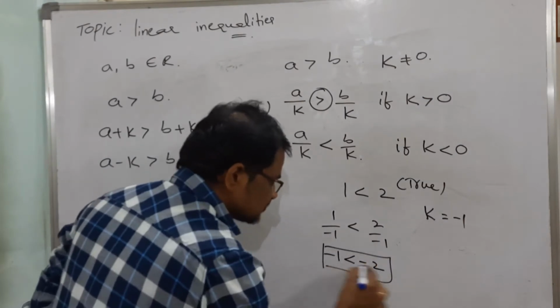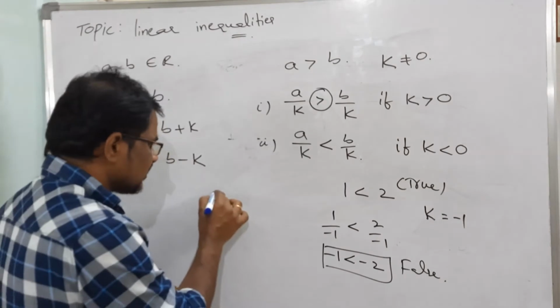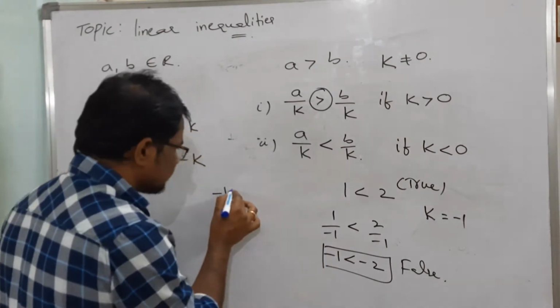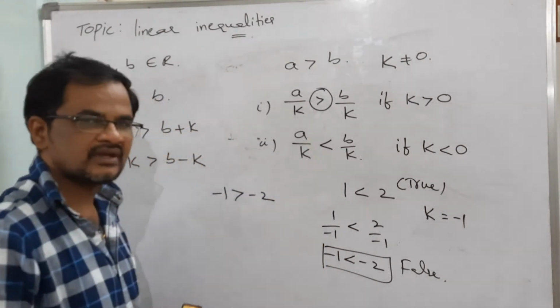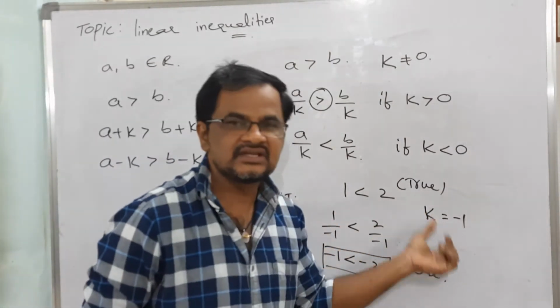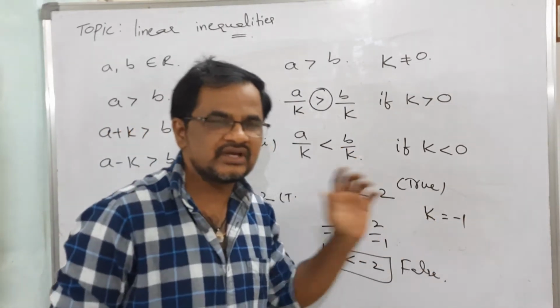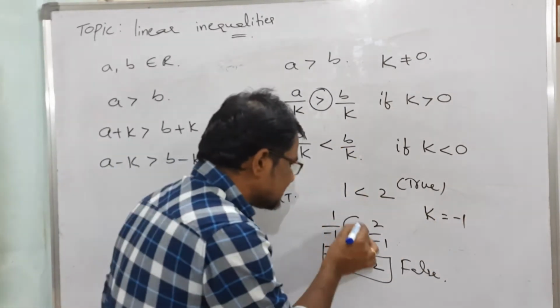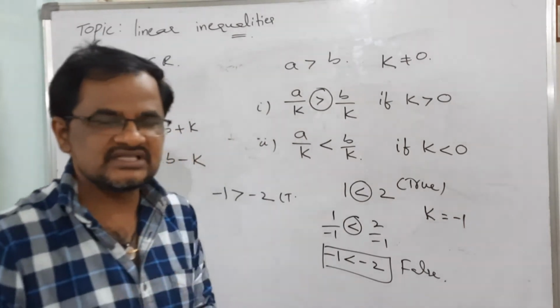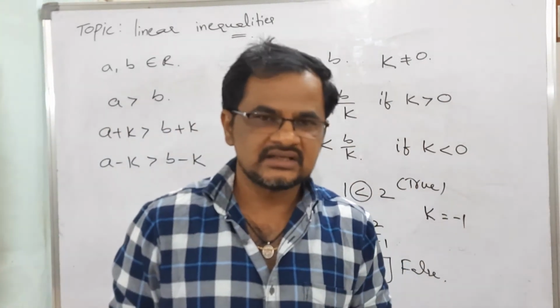Is it true? No, this statement is false. But if you take 1 > -2, then it is true. It means if you multiply or divide by a negative real number, the inequality reverses: less than becomes greater than, and greater than becomes less than.